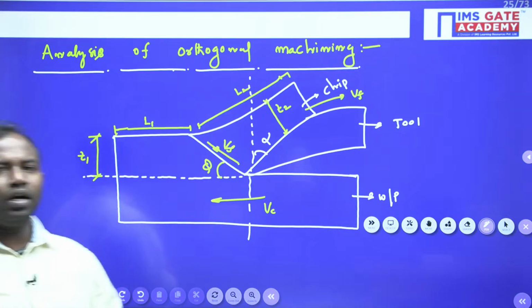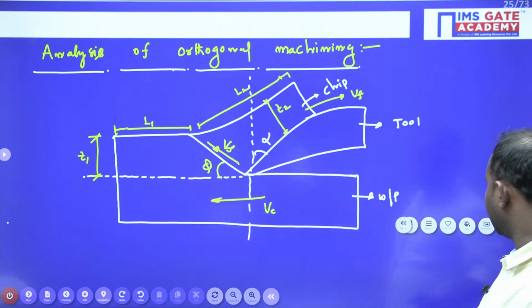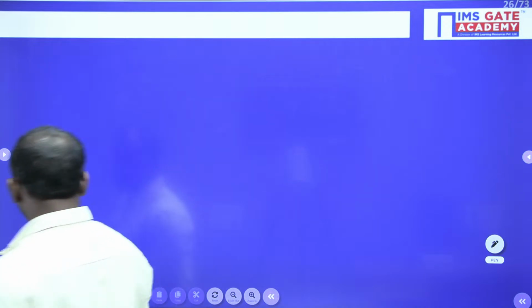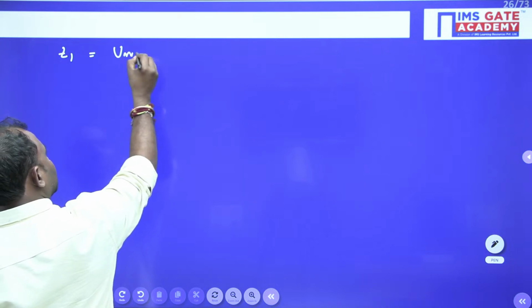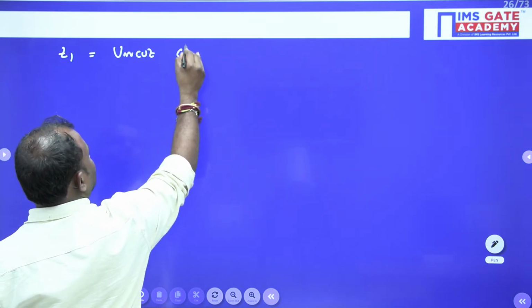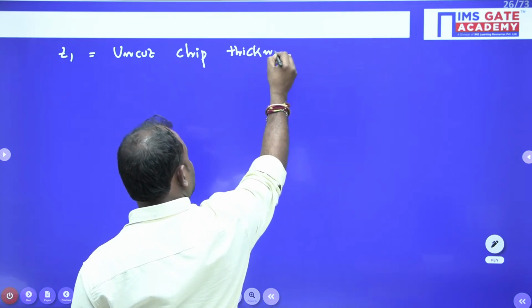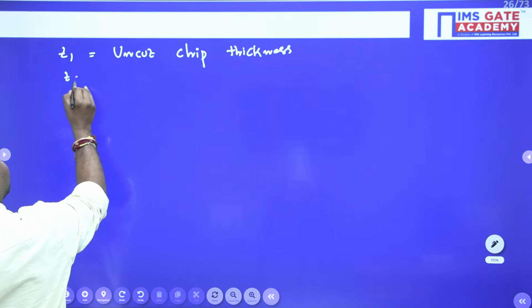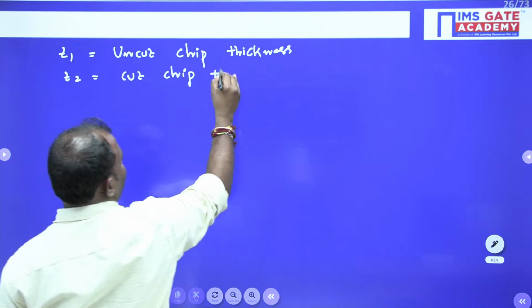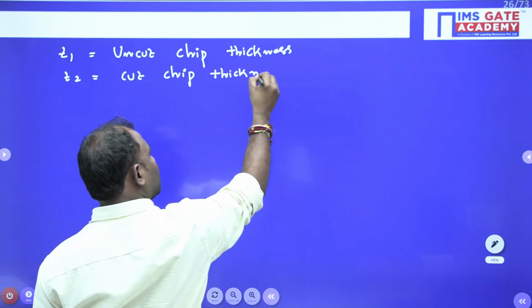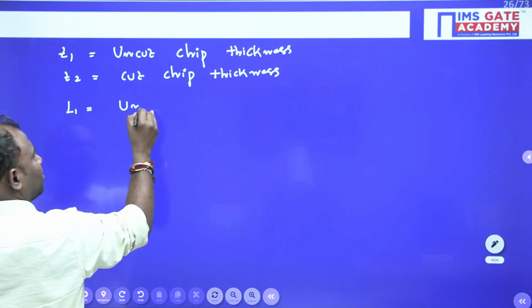Okay, right. Now let us write some terminologies and then we will move forward. T1 is the uncut chip thickness. T2 is the cut chip thickness. L1 is the uncut chip length.